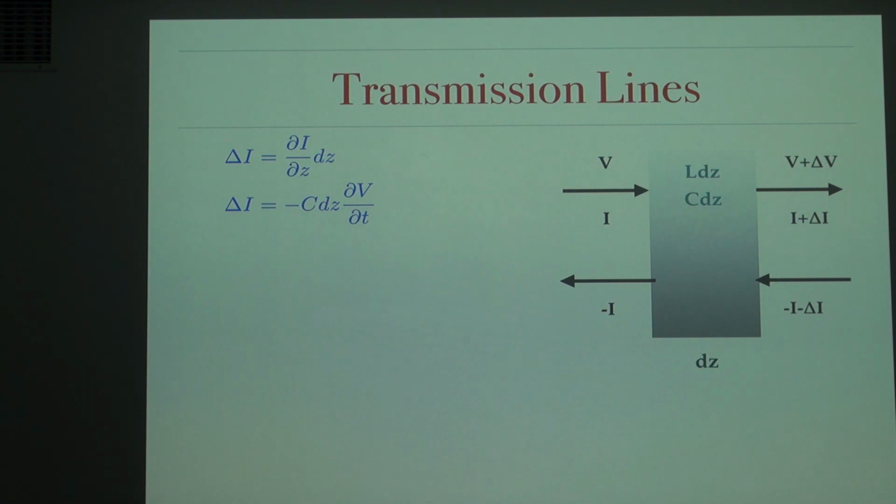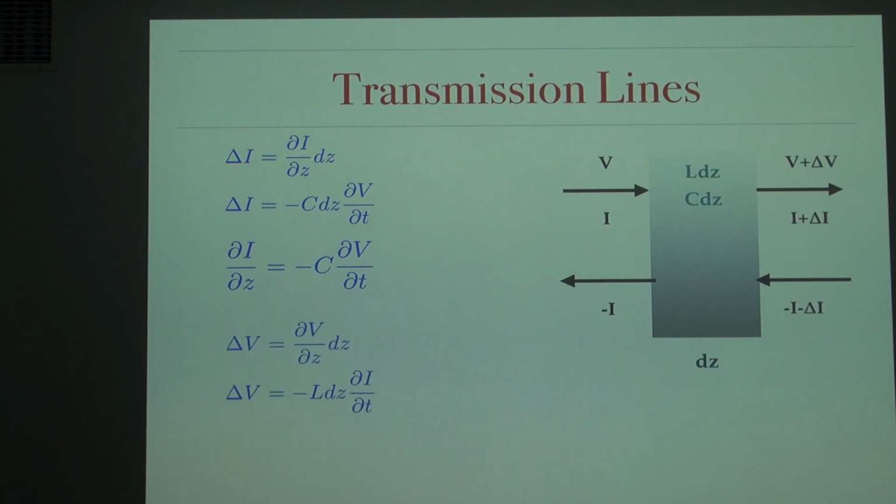So we have a first equation that gives the change of the electric current in our model of a wire. If I get rid of this finite difference notation, then I have obtained the differential equation that the derivative of the current with respect to z is proportional to the time derivative of the voltage, and is proportional to the capacitance per unit length.